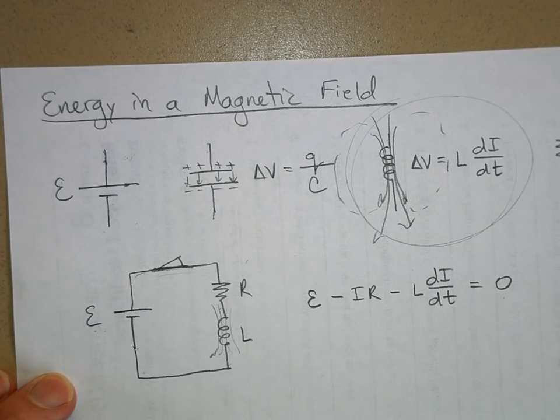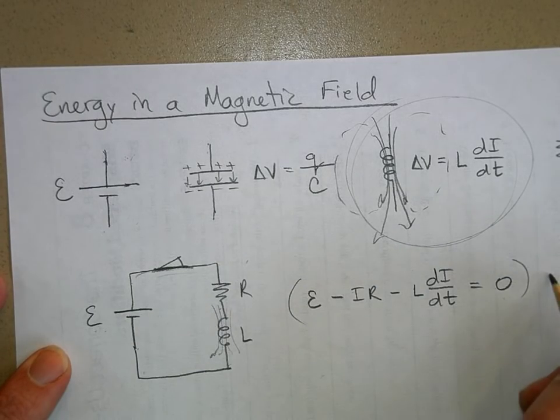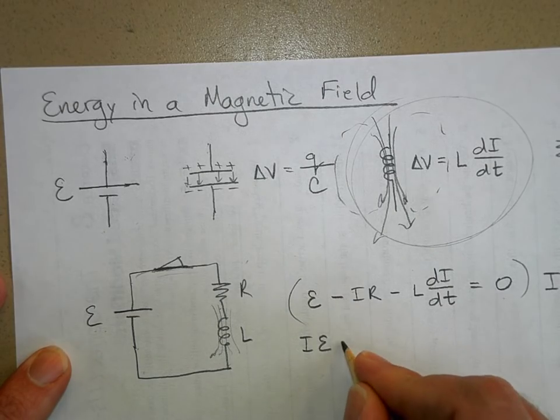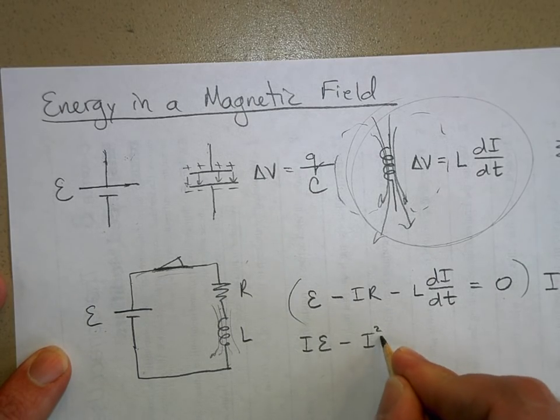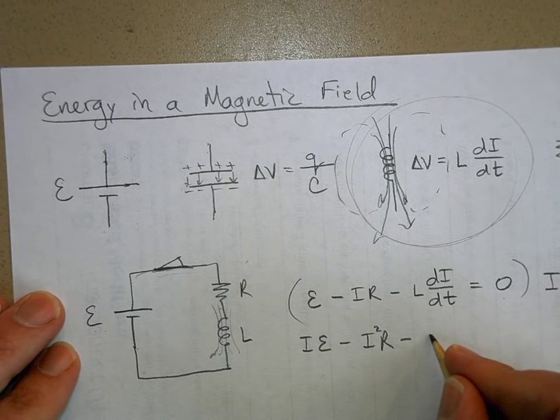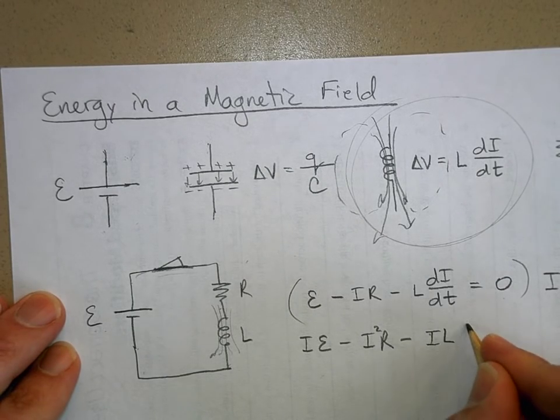I'm going to take this equation and multiply it by the current at some time t. Just multiply the whole thing by I, and I get IE minus I squared R minus I L di/dt, right?